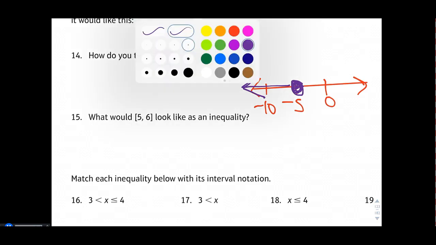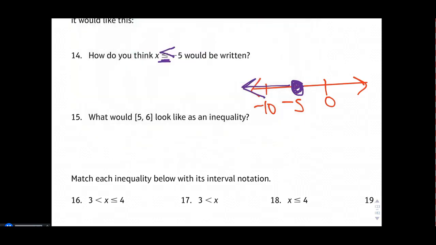If I have a closed dot, a closed dot is a bracket. If I have an arrow, what does the arrow look like? Okay, so my bracket is on the number -5.